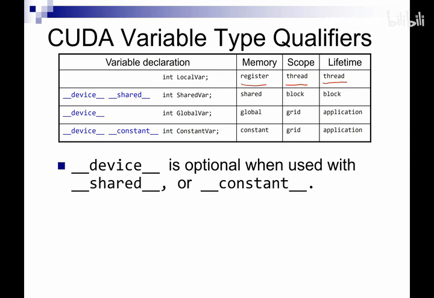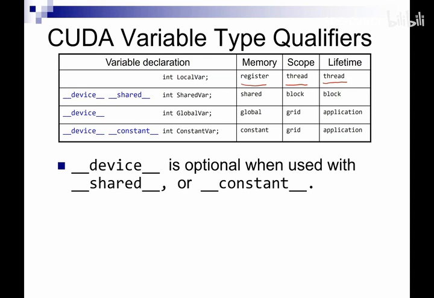For shared memory, the way you declare it is with double underscore shared, and this is visible to the entire block of threads. If one thread from the thread block declares some piece of shared memory, then all the other threads from the thread block can see that. And the lifetime is the block's lifetime.